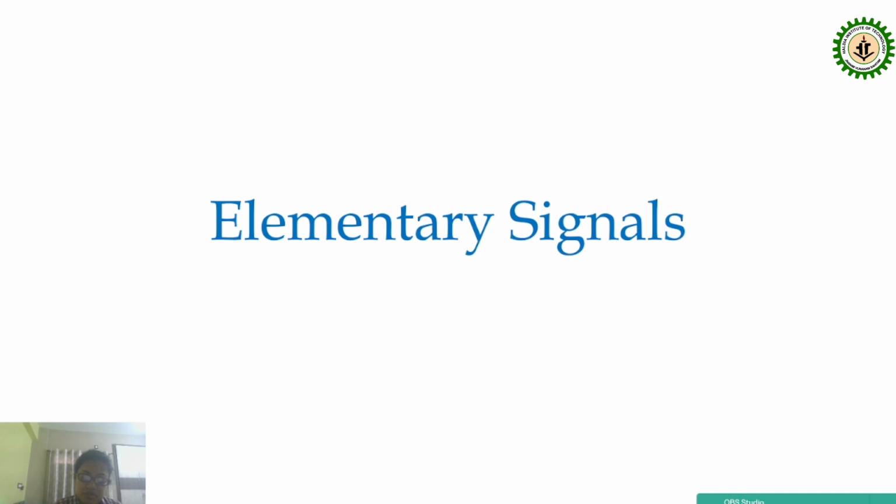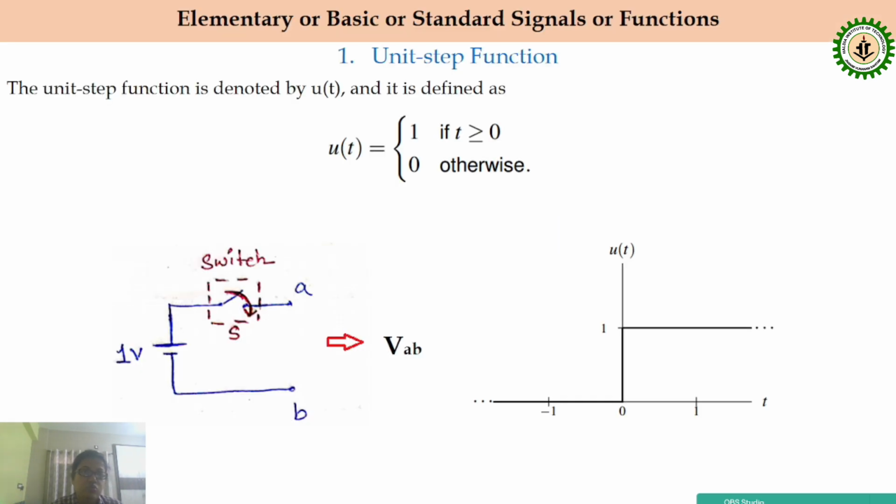These operations will be better understood in a clear way when we discuss elementary signals. Elementary signals, or we can also say basic signals or standard signals. Many standard signals are already there.